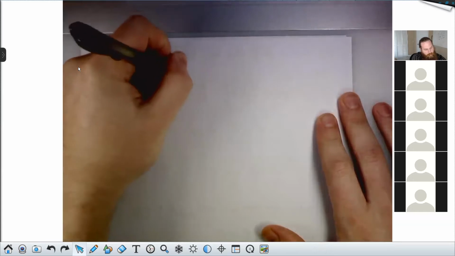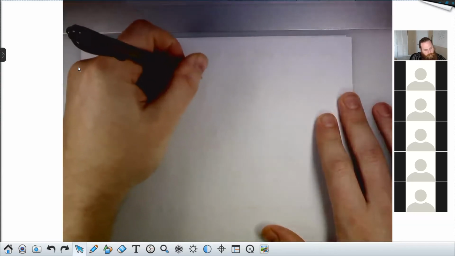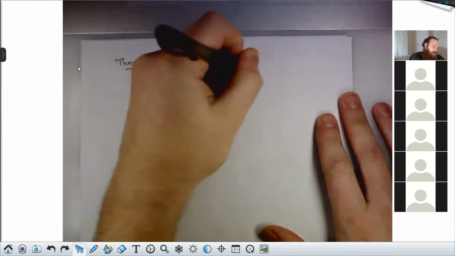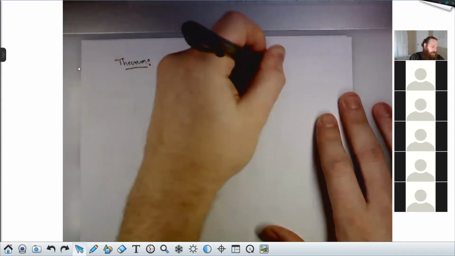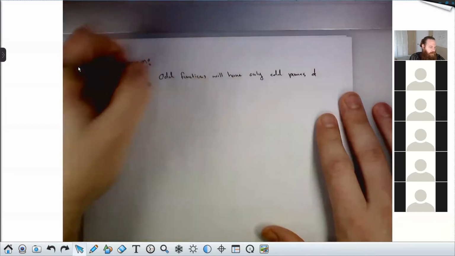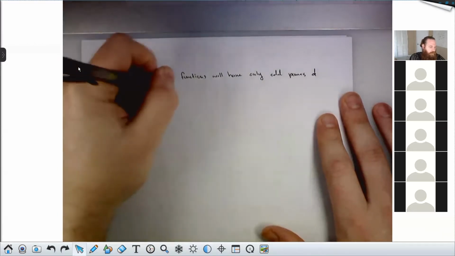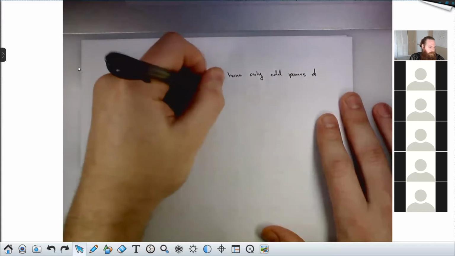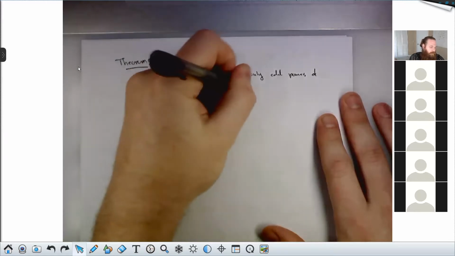Odd functions will have only odd powers of x in their power series representations.